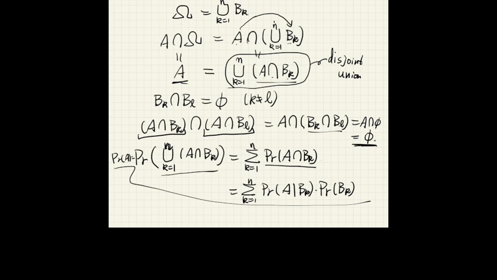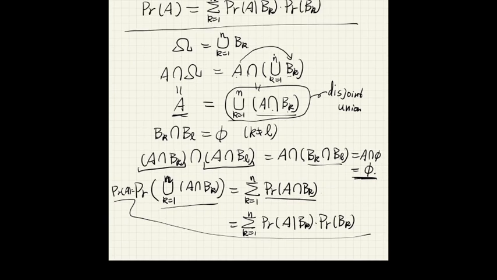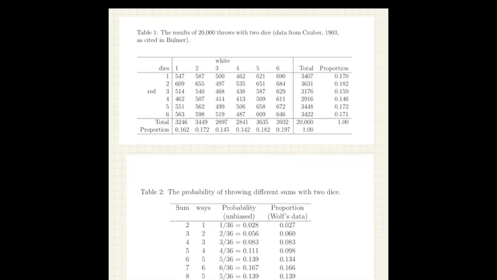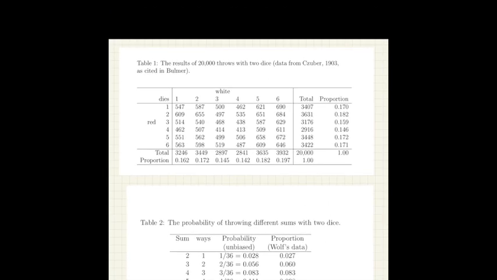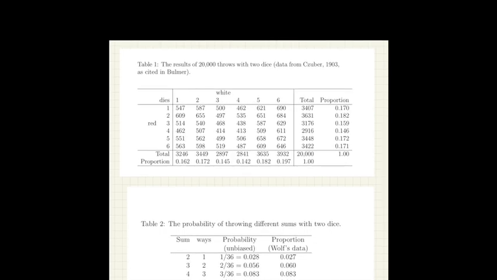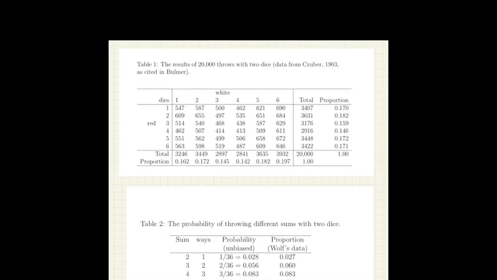Okay, then let's change the topic. So far we have been very theoretical today. Maybe it's exhausting, so let's look at more concrete examples. Here is data of 20,000 throws with 2 dice.